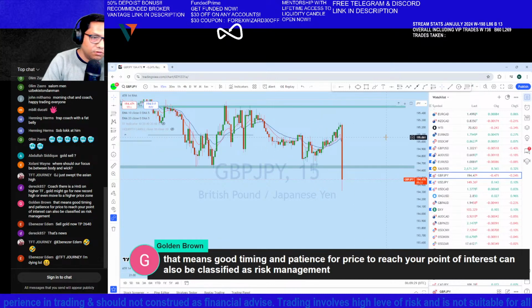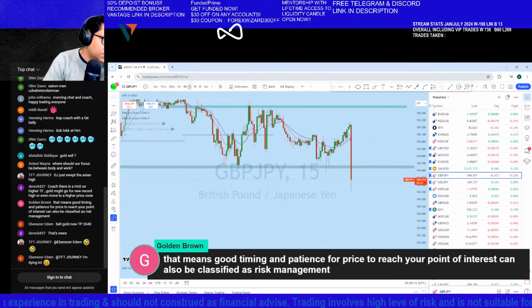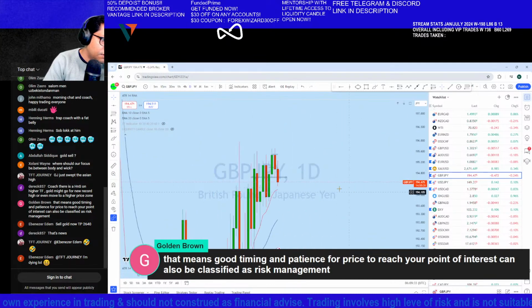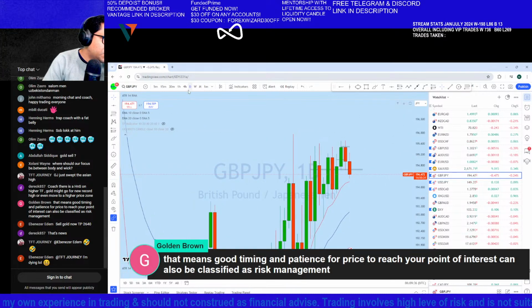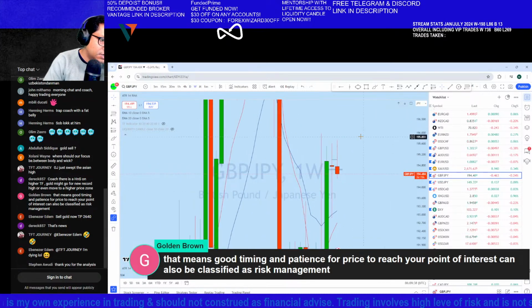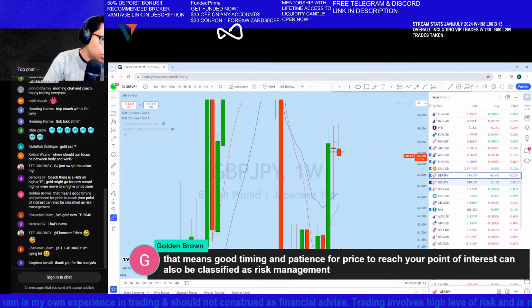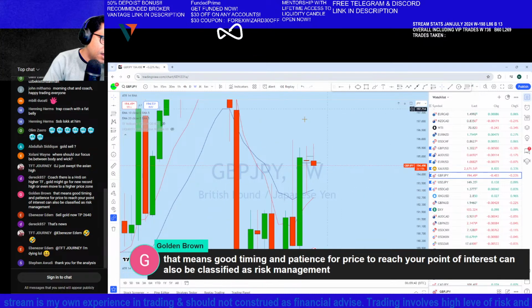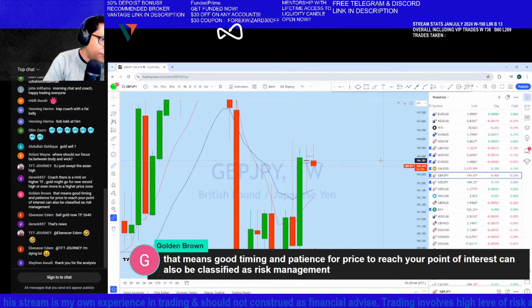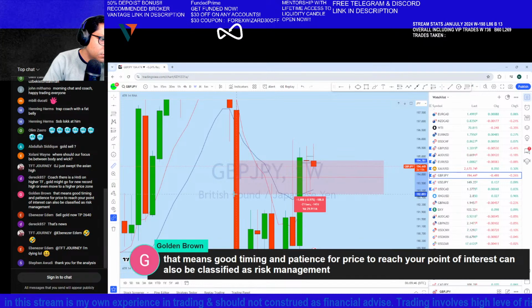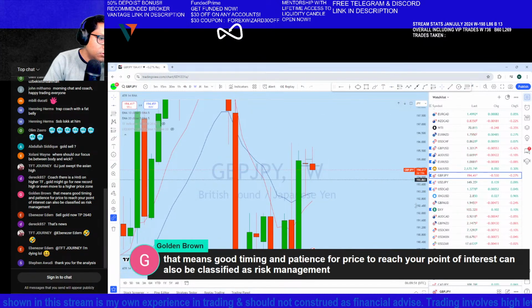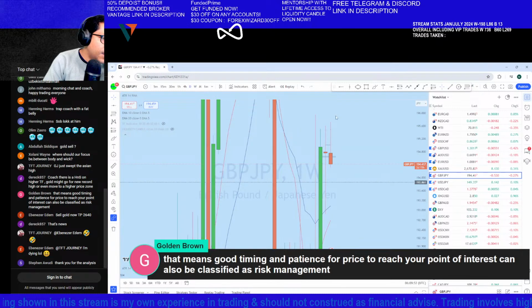There is a drop. Now, in this kind of rejection, I wouldn't be entering anything because the long-term picture on GBPUSD is bullish, and we might see potential for a weak fill.